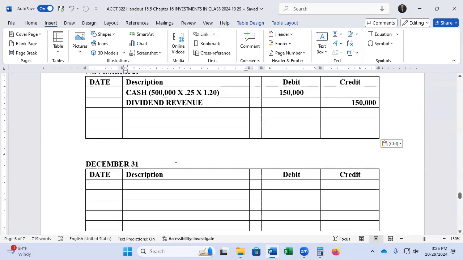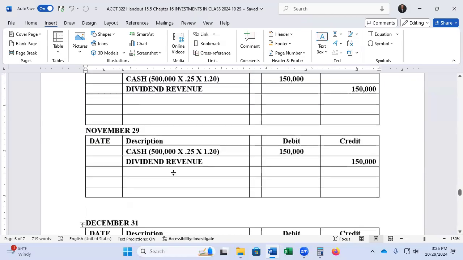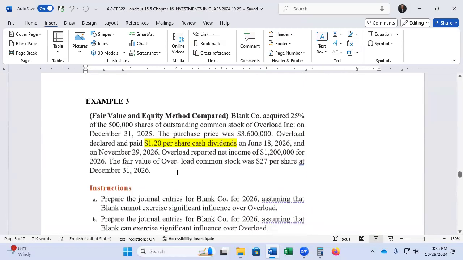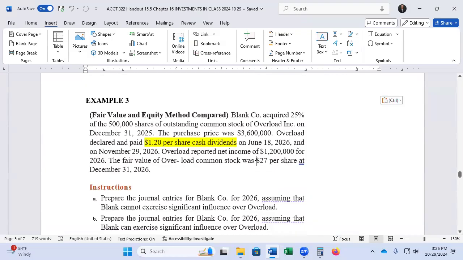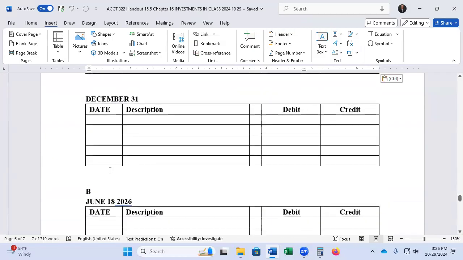December 31st, 2026, we're going to have to make a fair value adjustment. And so we've got $27 per share at December 31st, 2026.